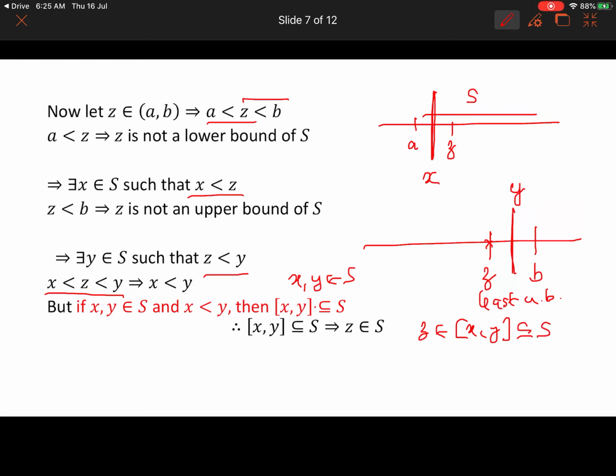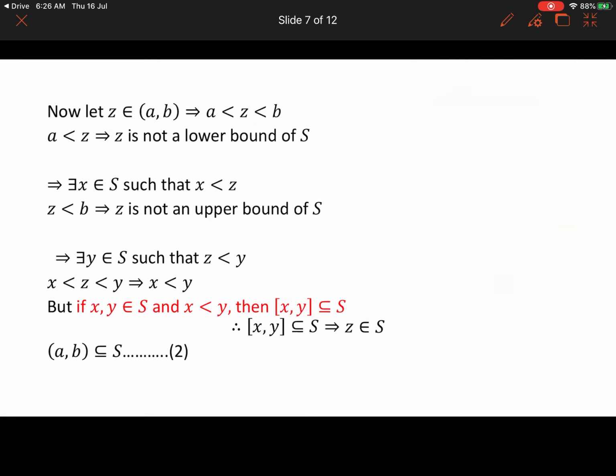This Z is in closed interval XY, and closed interval XY is a subset of S, means Z is in S. We have taken Z an element of open interval AB. Now we got Z is in S. So you take any element of open interval AB, it is in S. What does it mean? Open interval AB is a subset of S. We need this thing also.